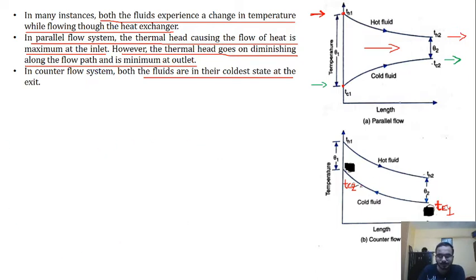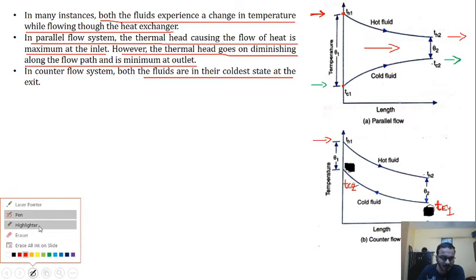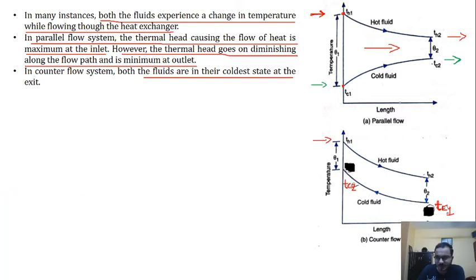So if you focus here, then hot fluid is entering from here and cold fluid is entering from here. So both are entering from the opposite ends of the heat exchanger, and the cold fluid is leaving here and hot fluid is leaving here.